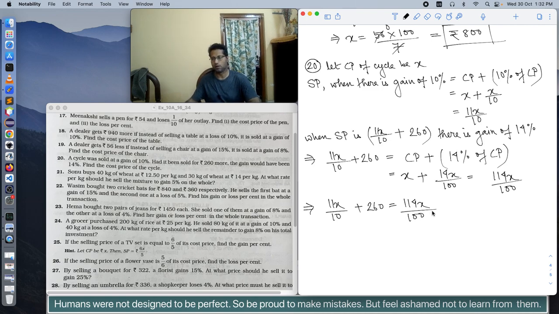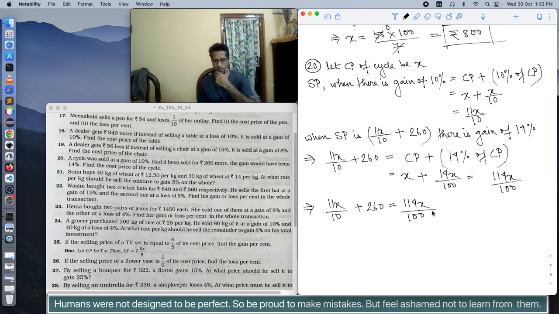Now your concept of solving linear equations in one variable must be strong, because most word problems eventually lead to solving linear equations in one variable. In this linear equation, there are some rational terms, that is 11x by 10 is a rational term, also 114x by 100 is a rational term.